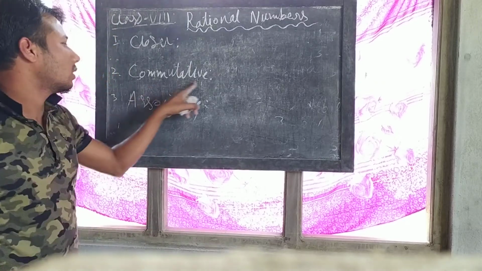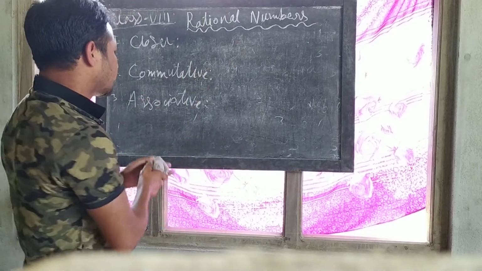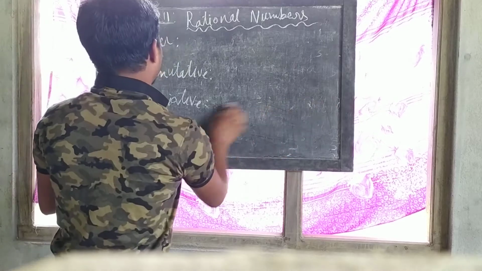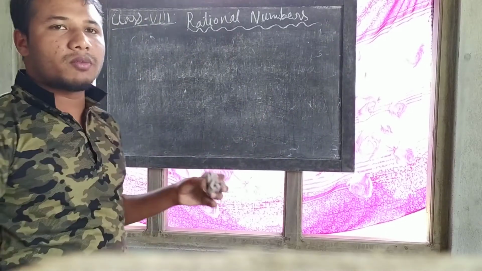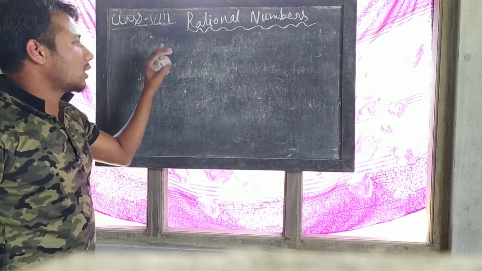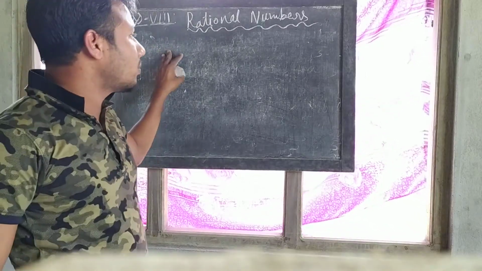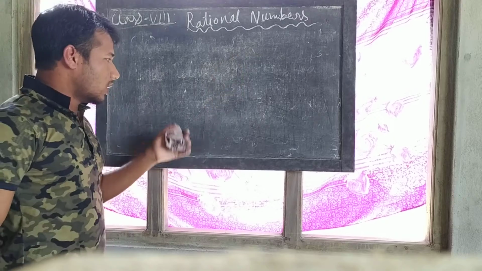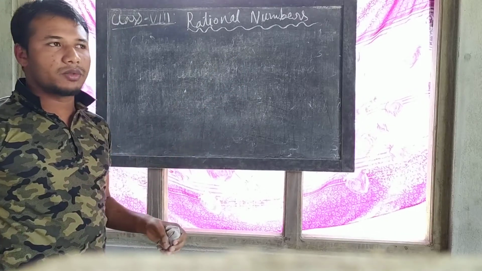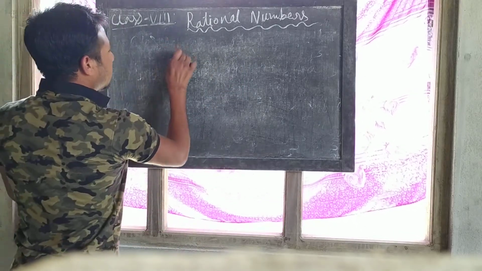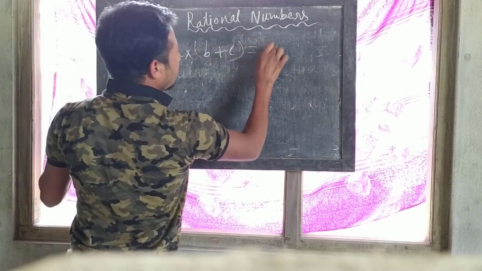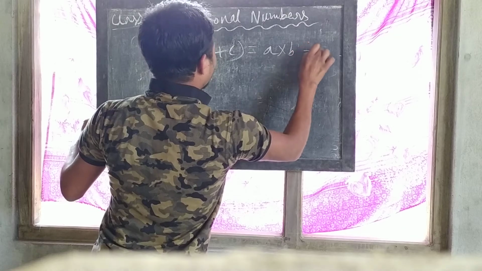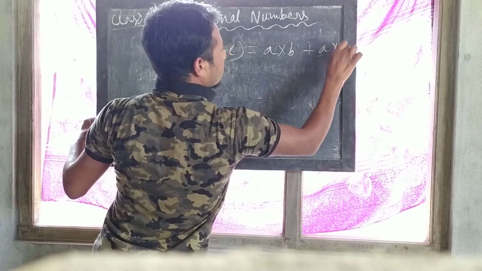You can just say like commutative. And also for rational numbers, multiplication is distributive over addition and subtraction. Distributive means, suppose a into (b plus c) will be equal to a into b plus a into c.